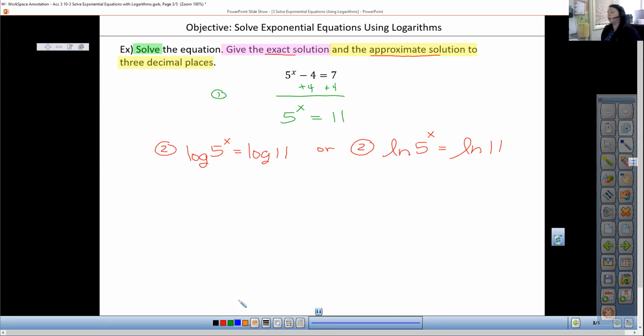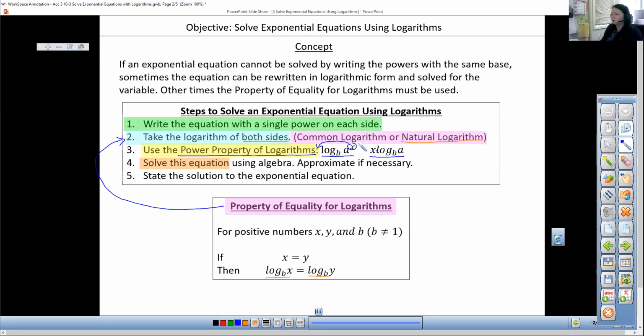All right, so now I'm moving into my step 3. This is where we use the power property of logarithms. So when we have, remember, this structure, we have a logarithm of a power, and that power involves our x. We're going to rewrite it as x becoming a multiplying factor.